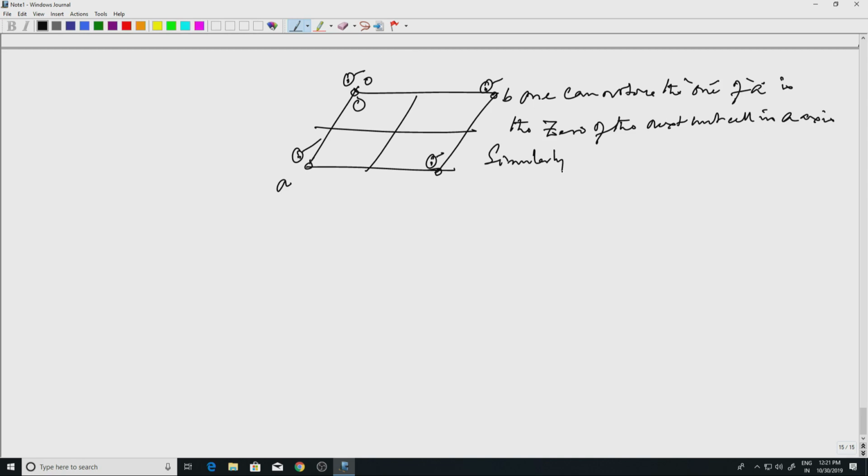Similarly, 1 of B is the 0 of the next unit cell in B-axis.